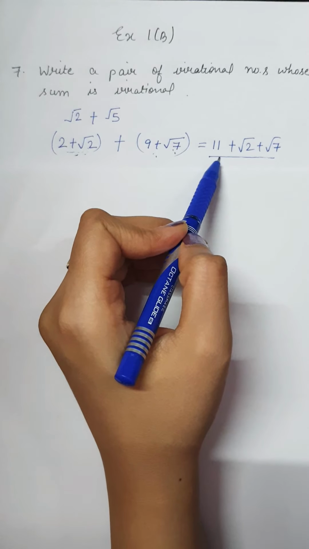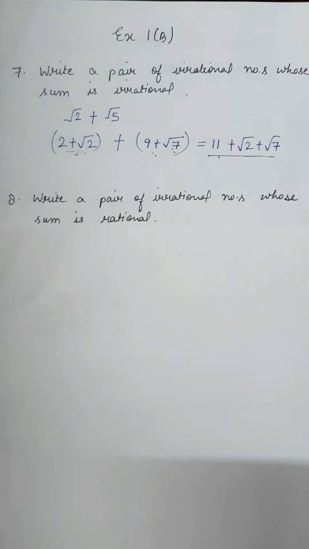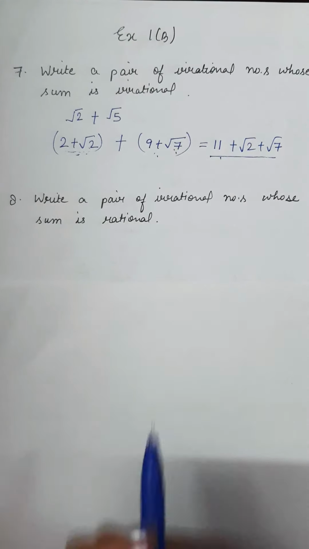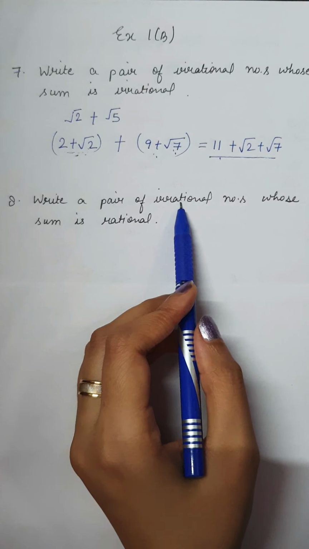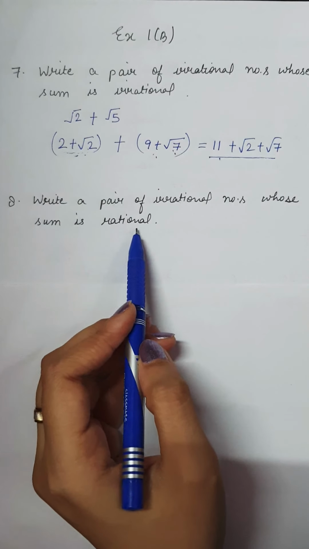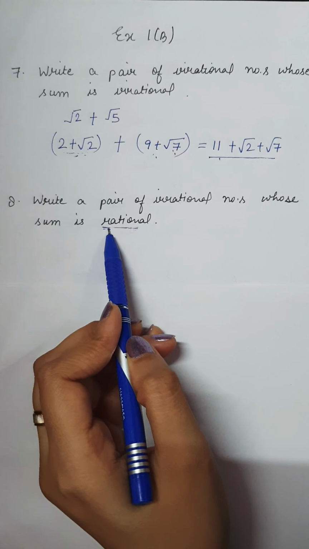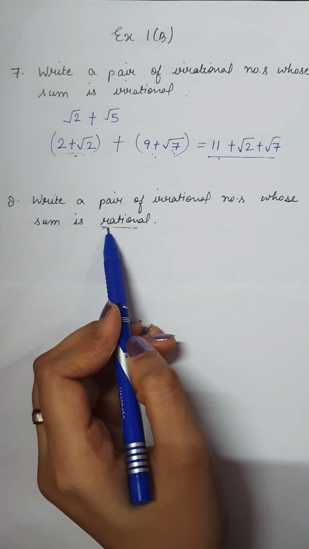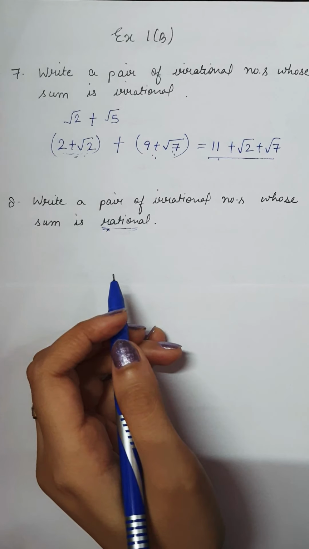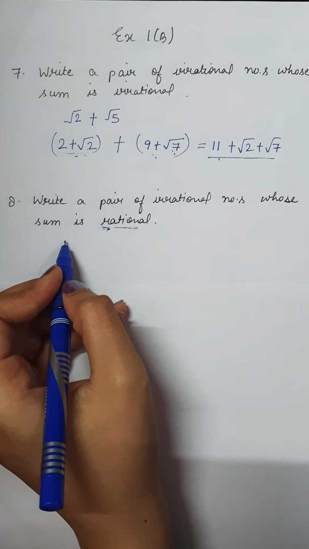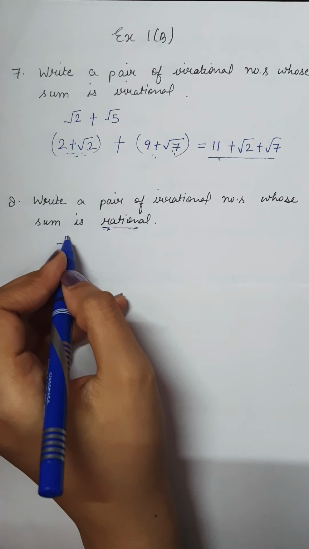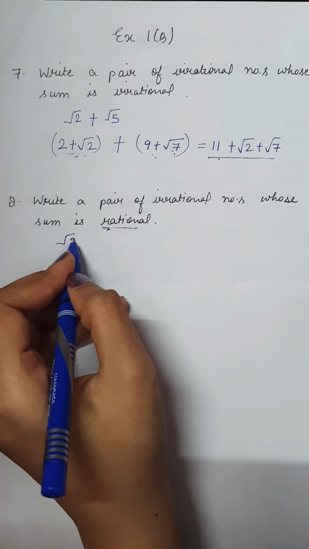Answer is irrational. Now we have to write a pair of irrational numbers whose sum is rational. Now the answer after adding should be rational. That means the proper exact answer. So for that we need to pick up, say, the simplest, I can say root 2.